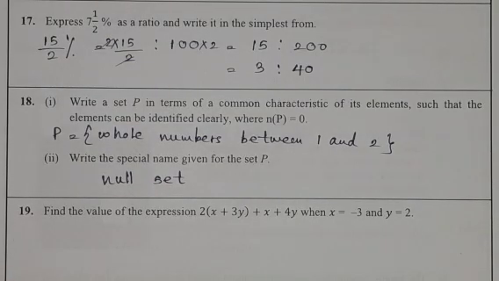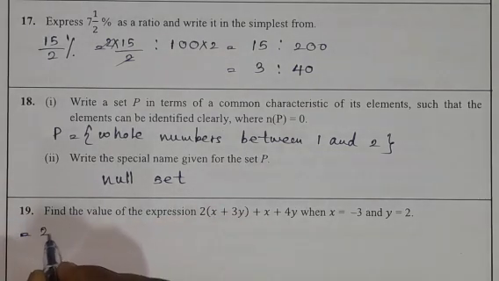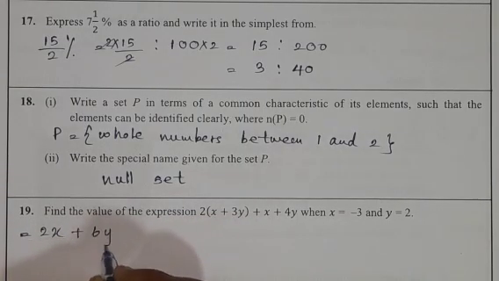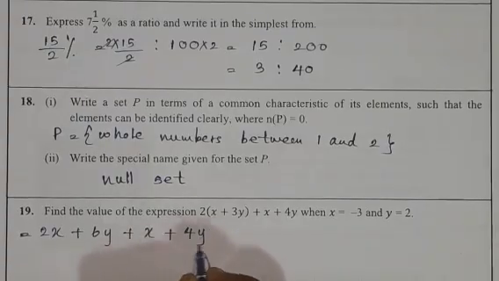Question number 19. Find the value of the expression 2 times (x plus y) plus (x plus 4y) when x equals minus 3 and y equals 2. First we can simplify this. Removing the bracket. 2x plus 2 times 3y is 6y plus x plus 4y.